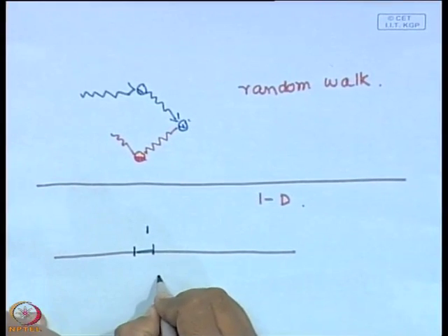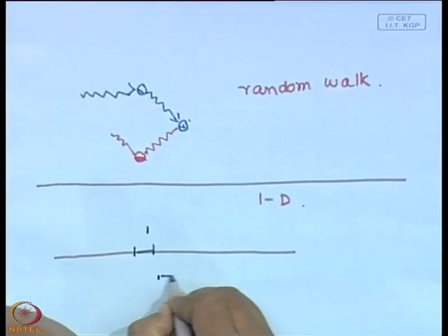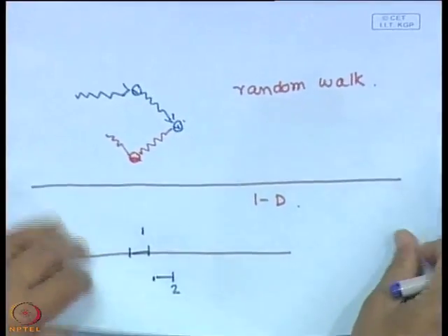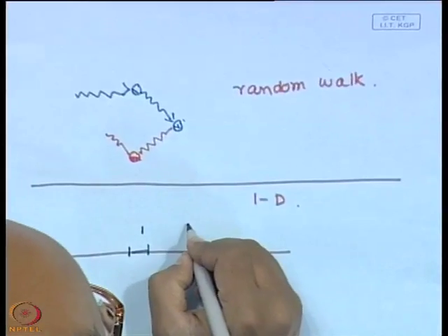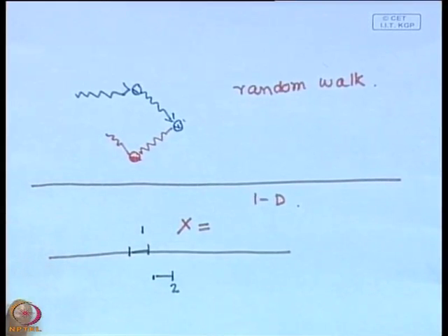Then in my second step, again it can go either to the left or to the right. Let us say it goes to the right once, this is step 2, okay. And at each step it randomly decides whether it will go to the left or to the right. So, let us consider the position of the photon after n such steps, okay.